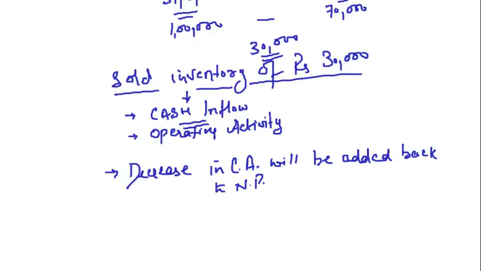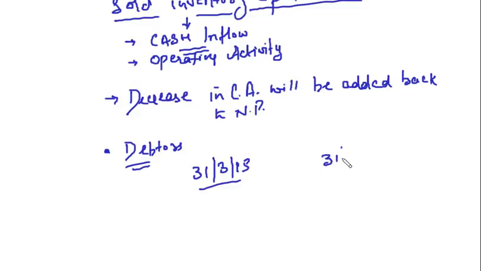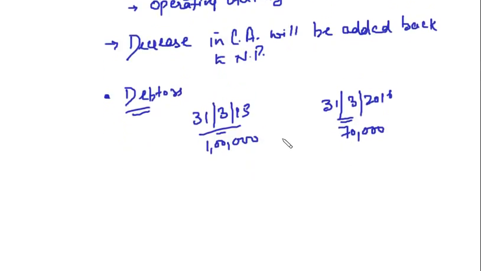Similarly, if we talk of debtors, on 31st March 2015 and 31st March 2016, here you have debtors of 1 lakh, here you have debtors of 70,000. This means you have recovered 30,000. This is cash inflow.